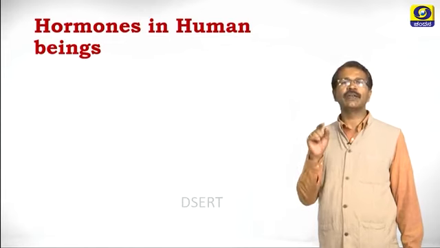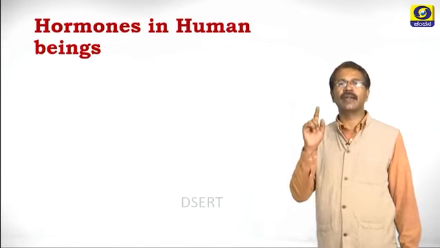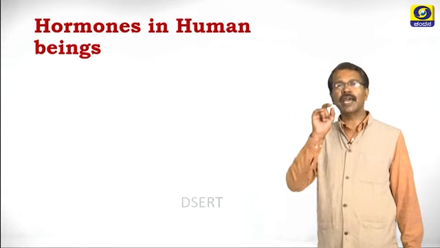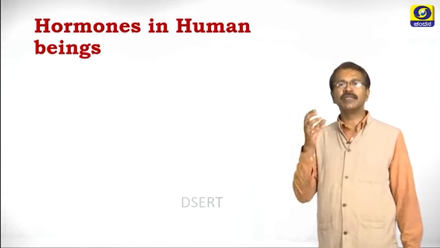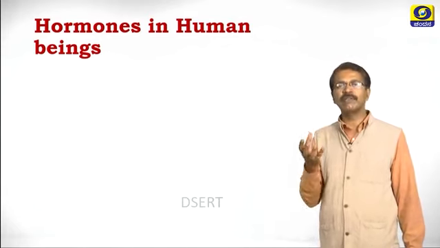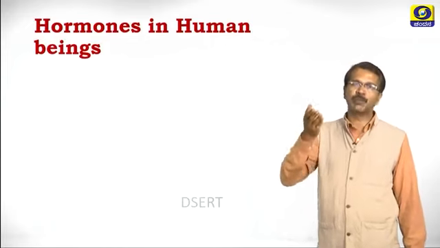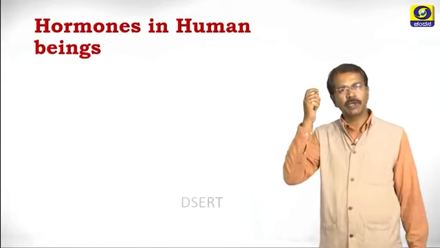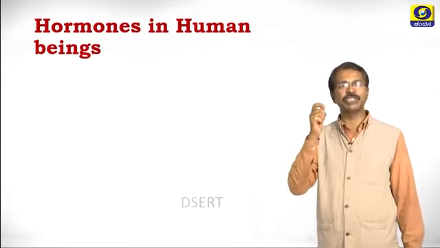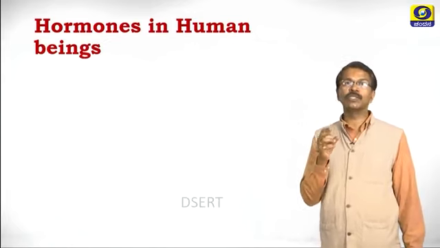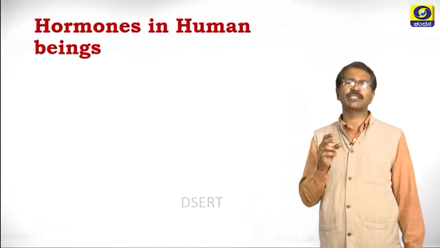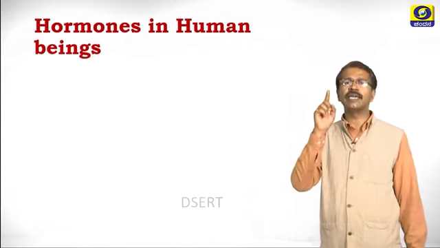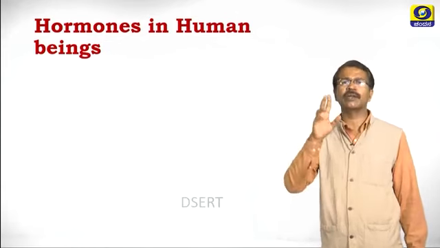Otherwise these endocrine glands are called ductless glands. They don't have any ducts. Whatever they secrete is poured directly into the blood. Through the blood, it reaches the target organs. These hormones are specific in their action. They act only if they reach the target organs.